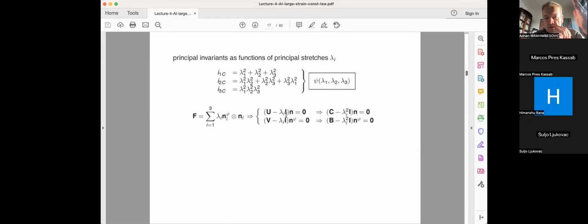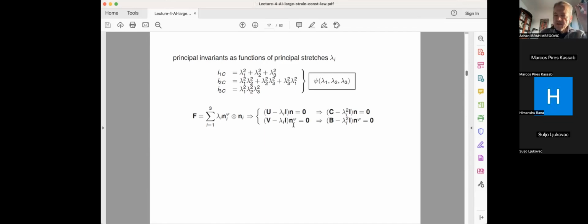Now, given that C is U squared, as much as B is V squared, first of all, I should mention that if you now compute the principal stretches from V, you're going to get the same principal stretches. The only difference is that the principal directions are not going to be the same, because these are in the initial configuration and those are in the deformed configuration. So basically you're just taking the principal stretch and transforming it into the deformed configuration.